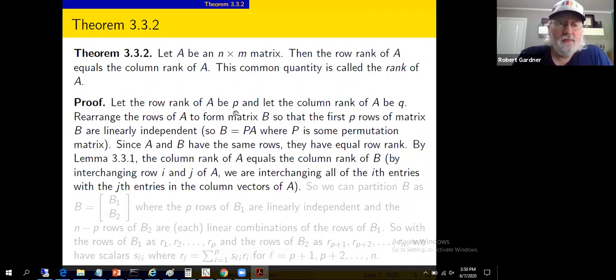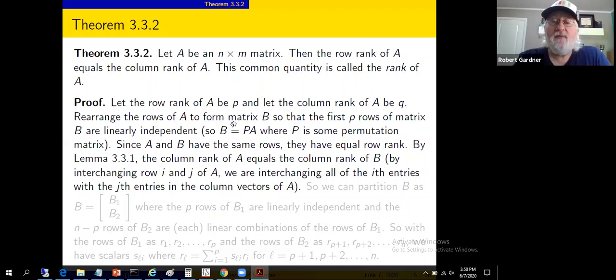Dimension is the cardinality of a basis. A has n rows, and P of them form a basis for the row space. Collect those P together, put them at the top, call that matrix B, and push the other ones to the bottom. So that's what this means.